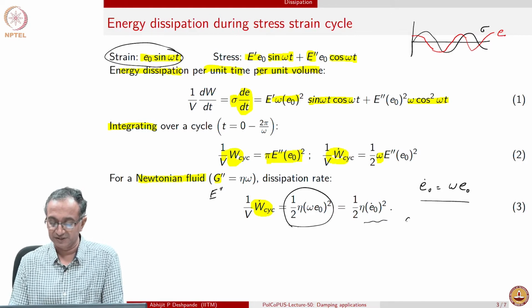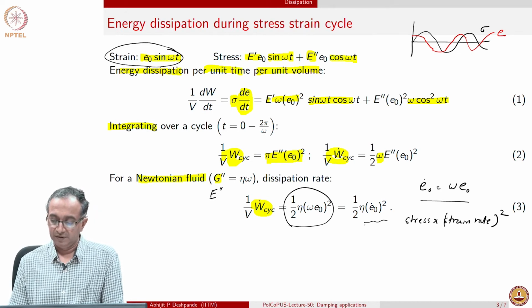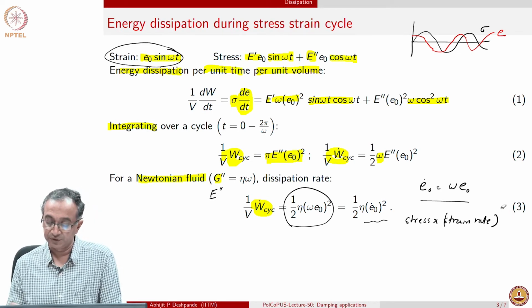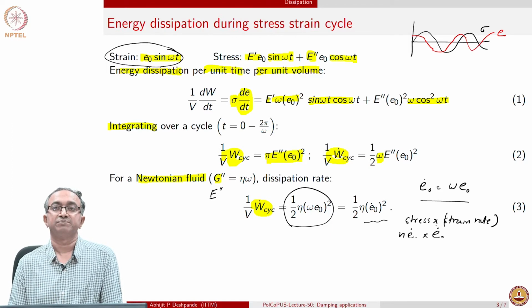So, this is nothing but stress into strain rate, because eta into E dot is the stress and E dot naught is the strain rate. So, that is the amount of dissipating energy in a material.